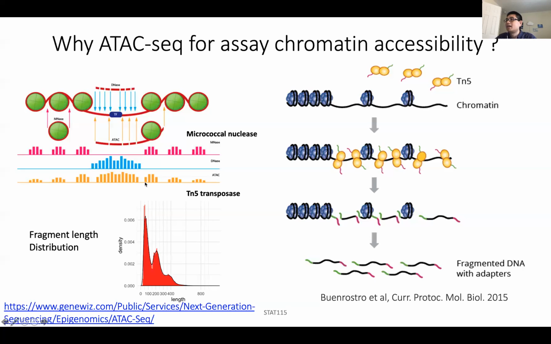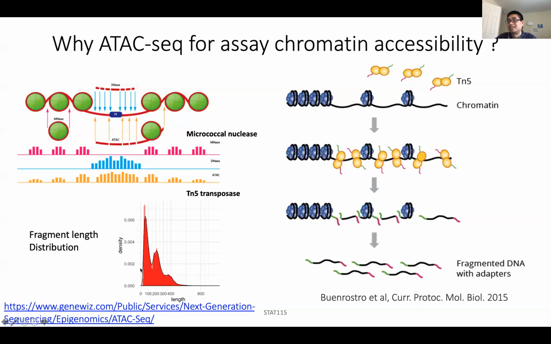By the way, because Tn5 cuts both the linker region and also the open chromatin region, after you make a sequencing library for bulk ATAC-seq, you can load the library into a TapeStation and check the fragment length distribution.